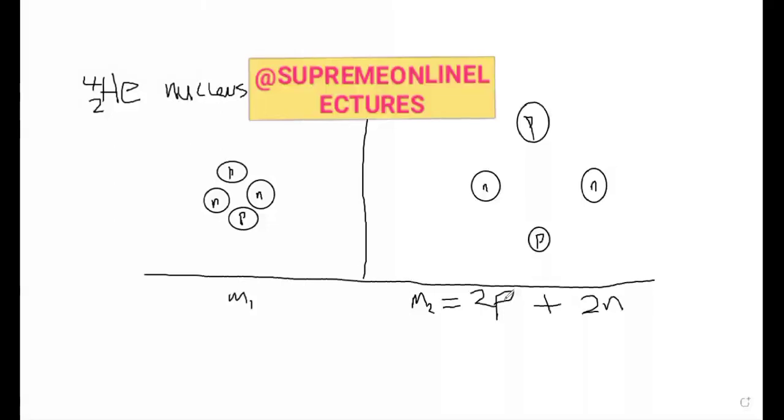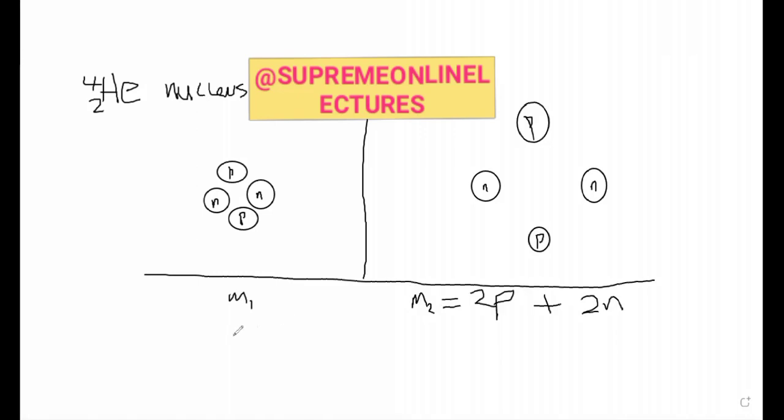If we substitute the value of the proton mass into p and the neutron mass into n, it will give us a single value, M2. When we subtract M1 from the calculated value of M2, we will discover that they are not the same.